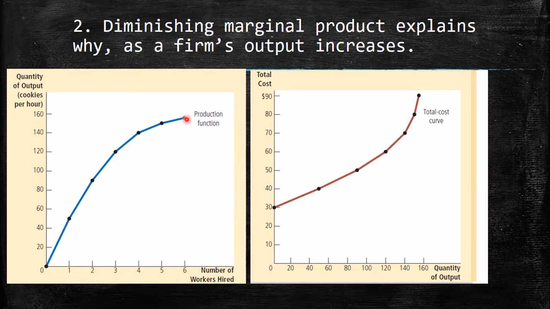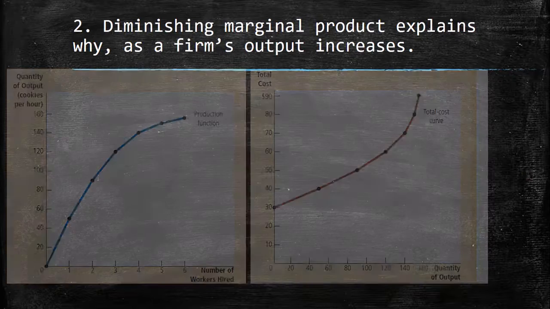So when this one is getting flatter, the cost is getting higher, because your marginal cost of people is going to be higher compared with the quantity produced. They are not as productive, and you need to pay the same for them. So for this reason, this is the total cost curve.